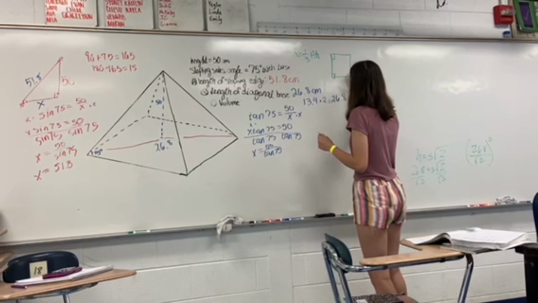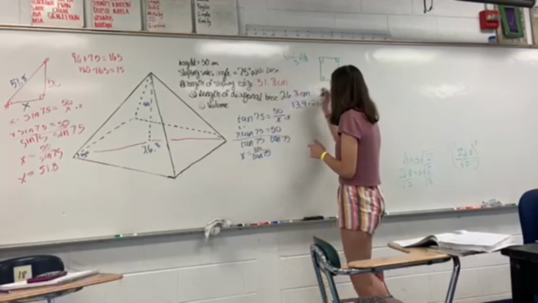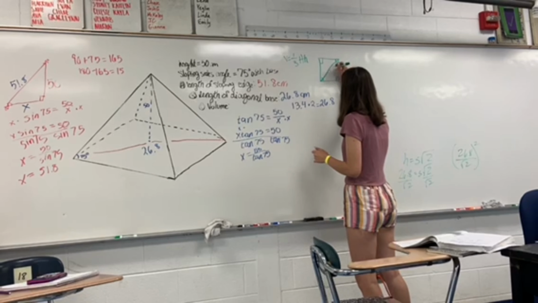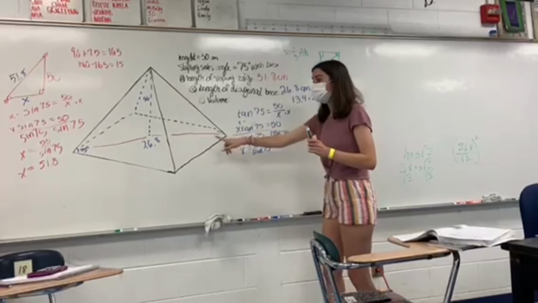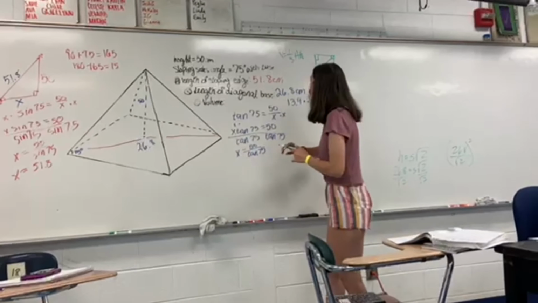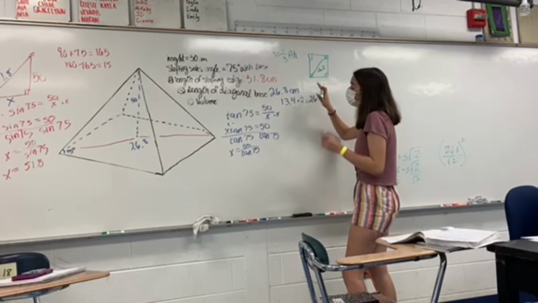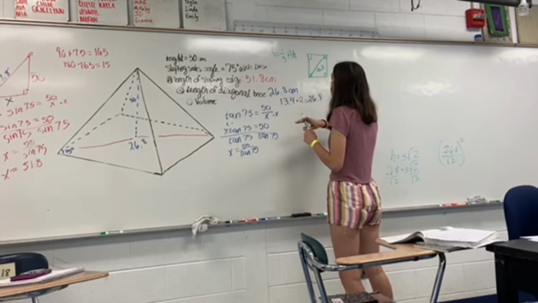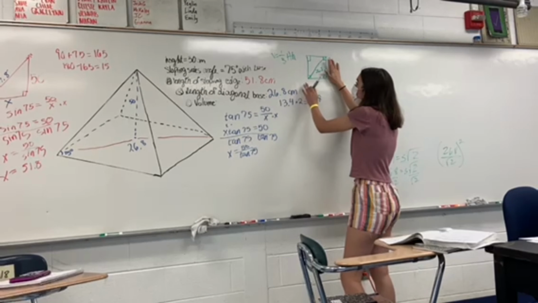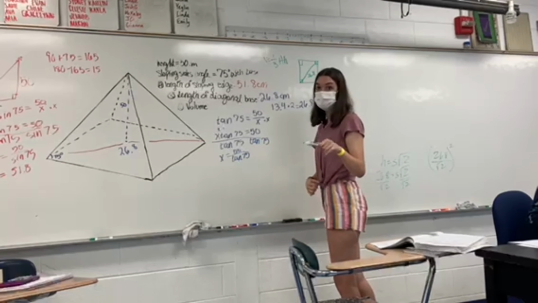Because it's a square, it will have 4 90-degree angles. Now, we already know that the diagonal of this square is 26.8. And we can use this 26.8 to our advantage when trying to find these side lengths, because ultimately we're trying to find the side lengths, which will give us the area of the square base, which is our A. Because it's the hypotenuse, we know that it splits the 90-degree angle directly in the center.